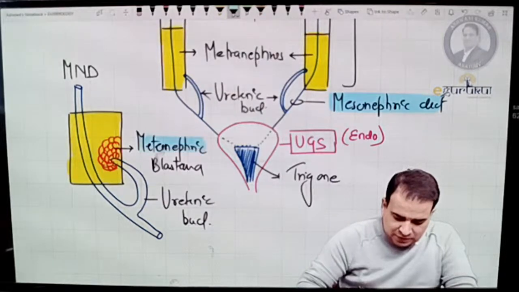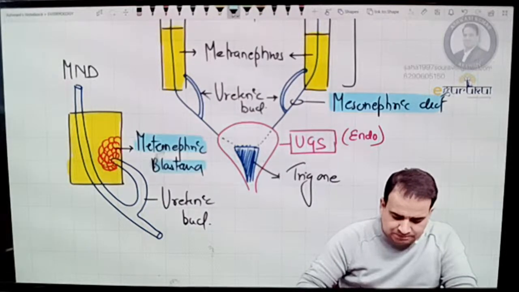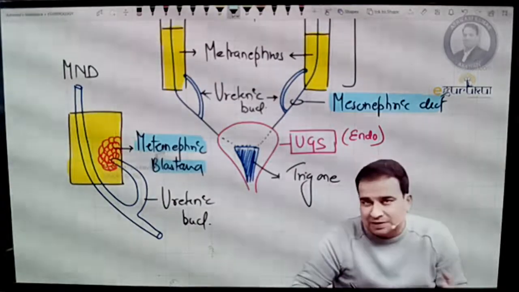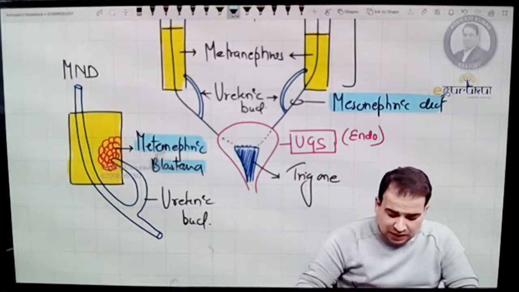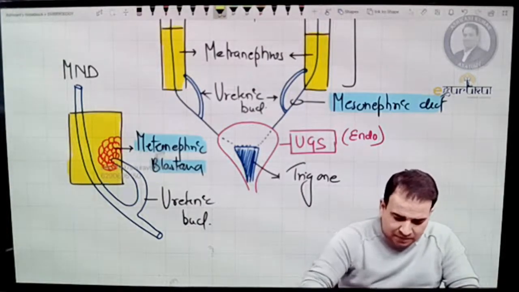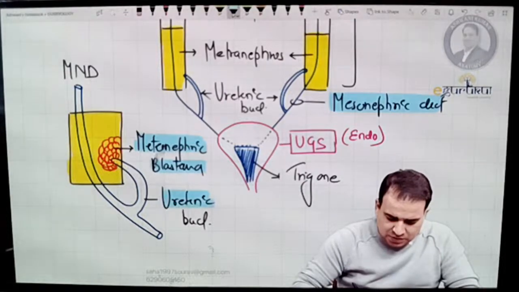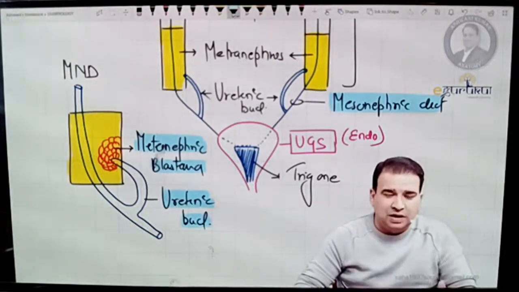So basically, for the development of kidney, we have two things with us. One is the metanephric blastema, which is from metanephros. And we also have the ureteric bud, which is derived from the mesonephric duct.